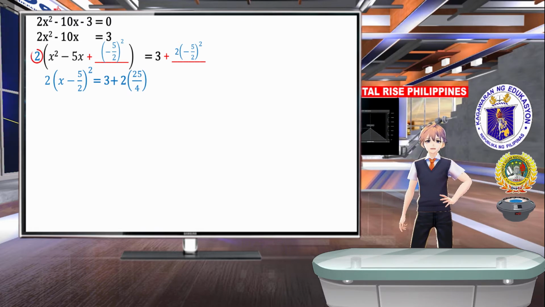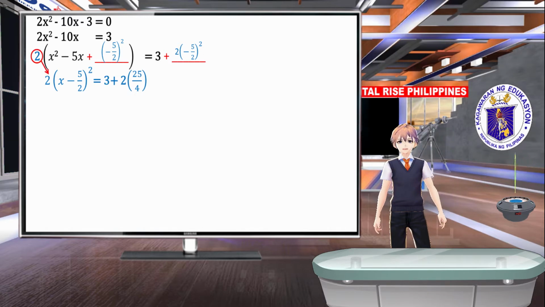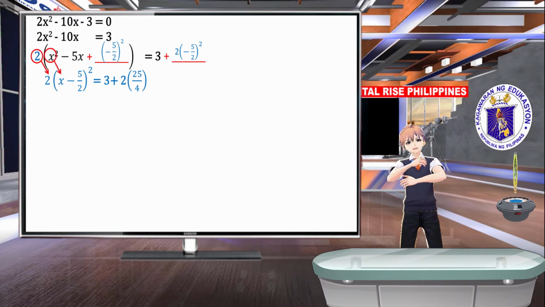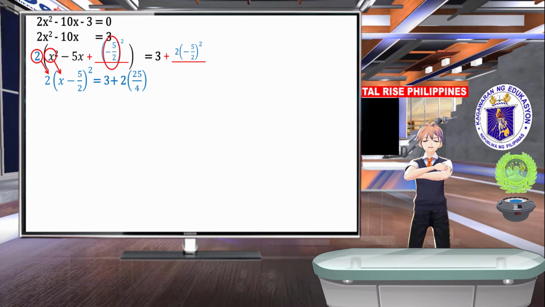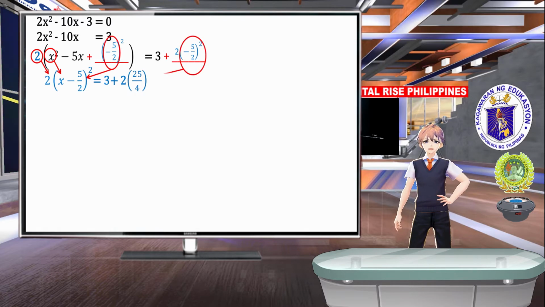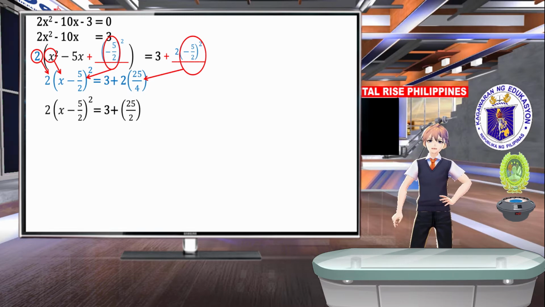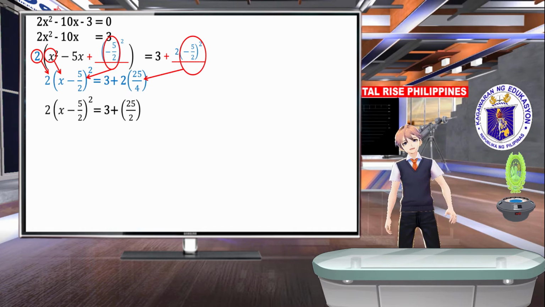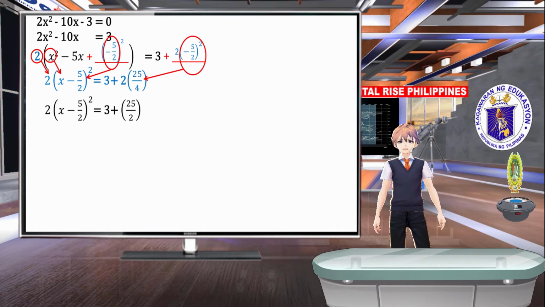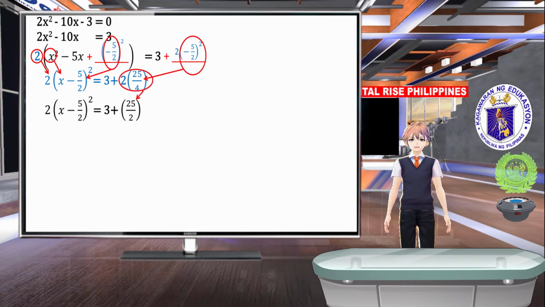As you can see on the screen, we have 2 times the square of x minus 5 over 2 equals 3 plus the product of 2 times 25 over 4. Then we have 2 times the square of x minus 5 over 2 equals 3 plus 25 over 2. That is by simplifying 2 times 25 over 4.